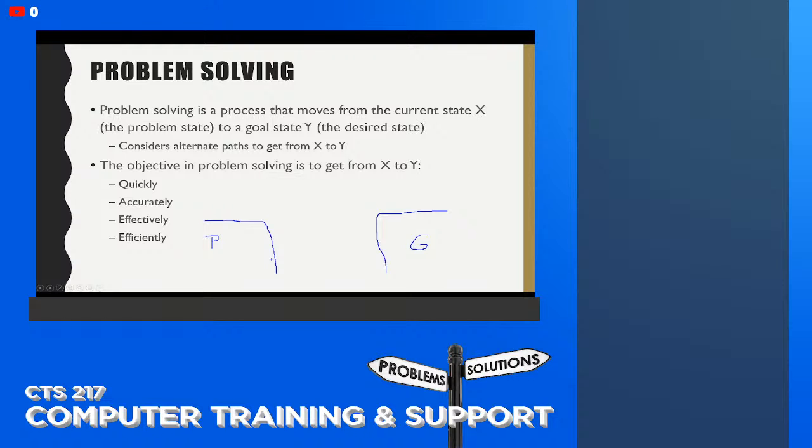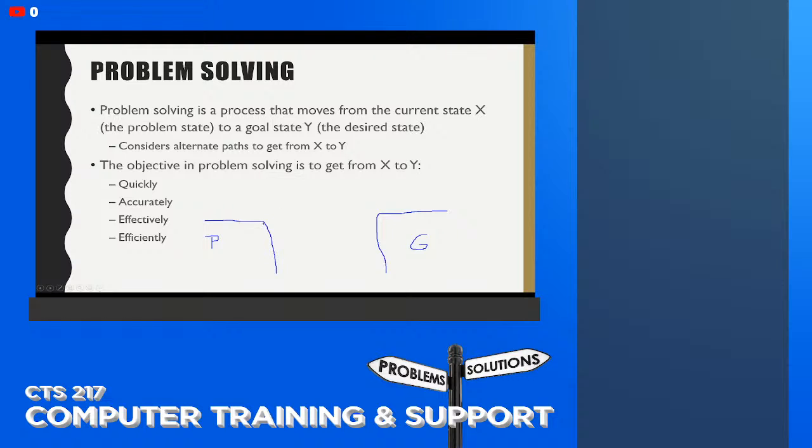We have where we are, which is that problem state, versus where we want to be, which is that goal state or the desired state. And when we're thinking about bridging this gap and trying to get someone from the problem state to the goal state, we've got multiple pathways that we can utilize to cross this chasm, to cross this gap, right?